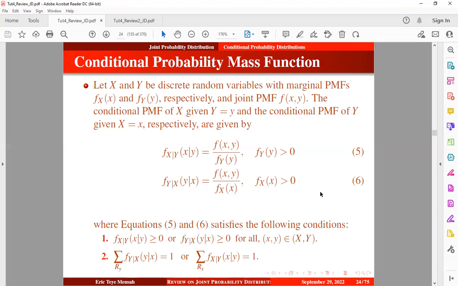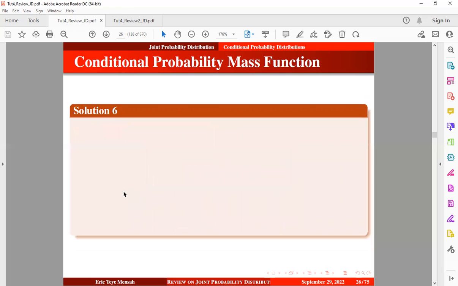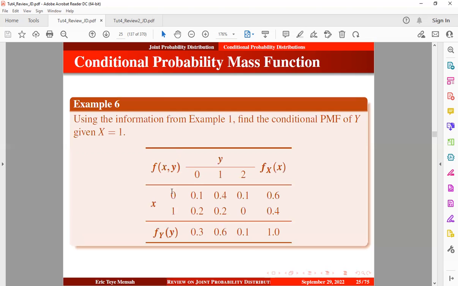So let's quickly take an example. Using the information from example 1, we want to find the conditional PMF of Y given that X is equal to 1. All right, so let's take a look at the solution. We know the conditional PMF of Y given X where Y starts from 0, so we are looking at the situation where Y is 0, and also 1 and 2.